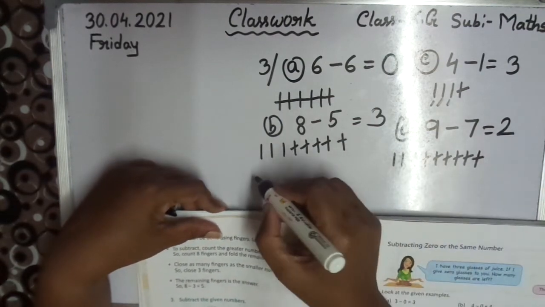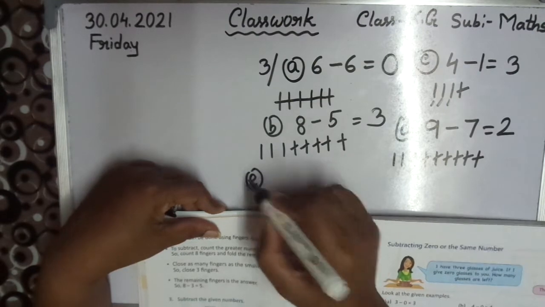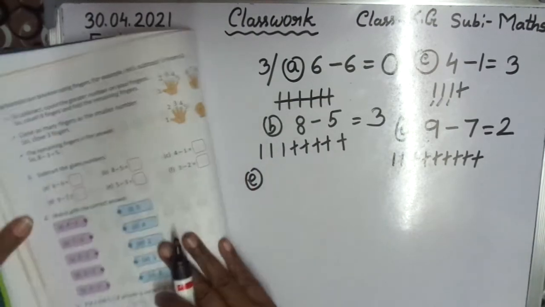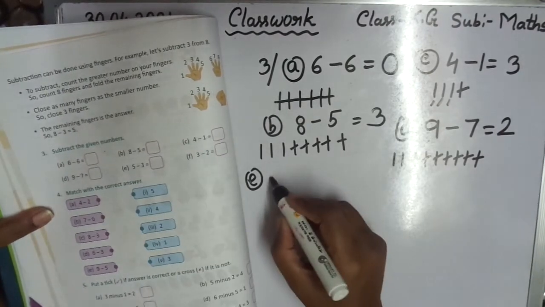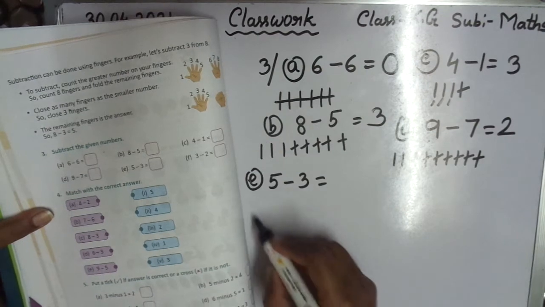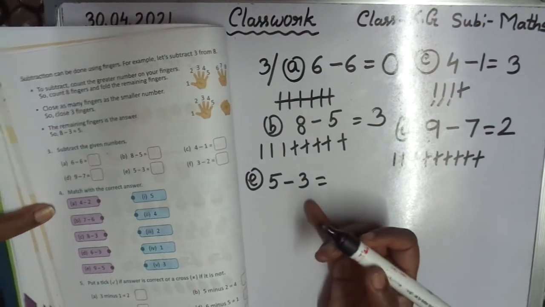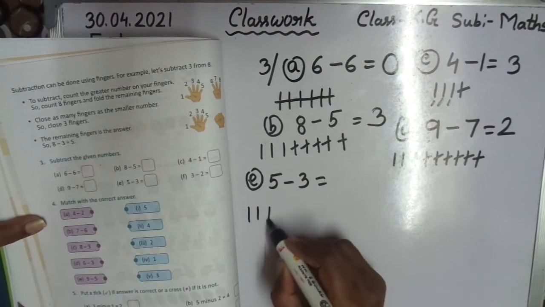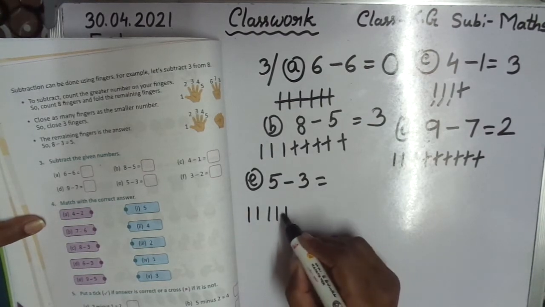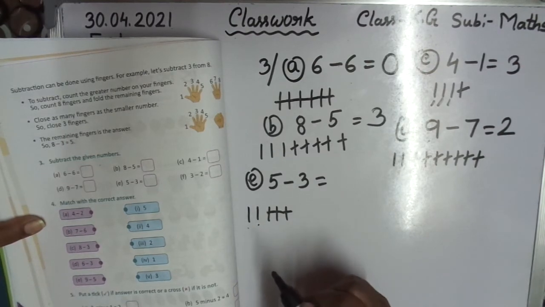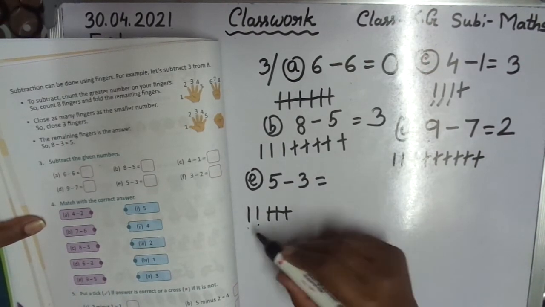Next D, E. E question. 5 minus 3. 5 minus 3 is equal to. So 5 is greater than 3. So draw the lines here. 1, 2, 3, 4, 5. 3, 1, 2, 3. Left 1, 2.